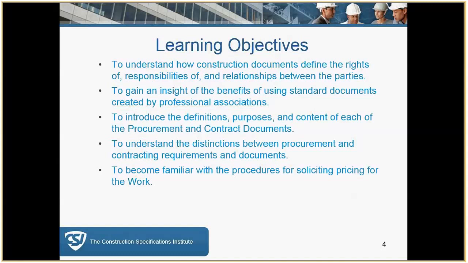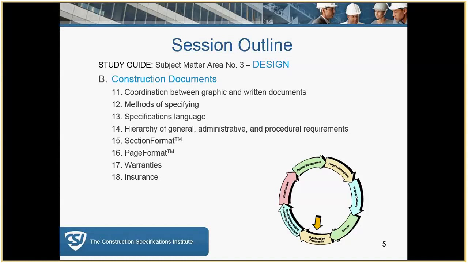In our session outline, we're going to be going through a number of different subjects: coordination between graphic and written documents, methods of specifying, specifications language, the hierarchy we have for general administrative and procedural requirements, the two formats developed by CSI for structuring specification sections, the actual section format itself, and the formatting for pages within a specification section.